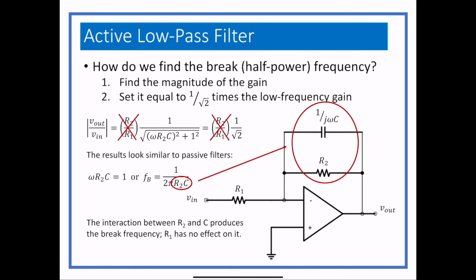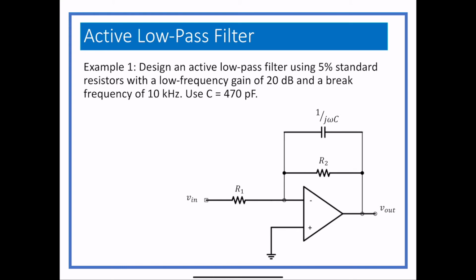So now that we know that, we're going to go through just a small example of designing an active low-pass filter. And we're usually, when we deal with filters, given some types of qualifiers or standards we need to address.